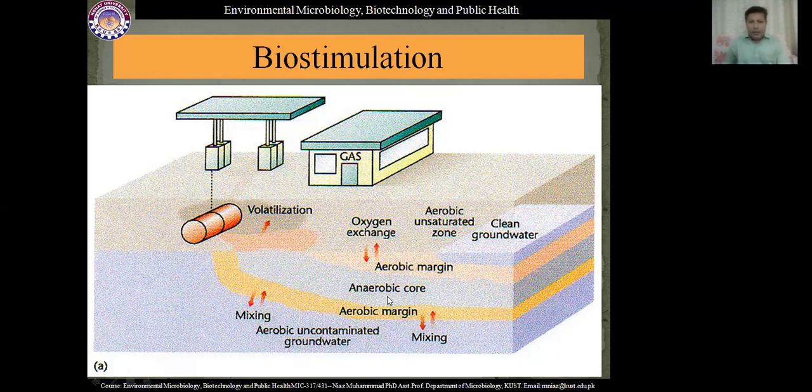What will be the remaining? The remainder will go into the soil and react with different components of the soil environment. Some mixing will take place: some things from the soil will go into the pollutant, and some things from the pollutant will go into the soil, so its concentration will be reduced.